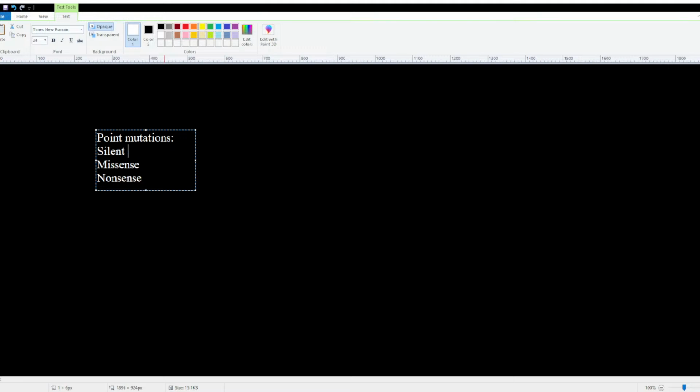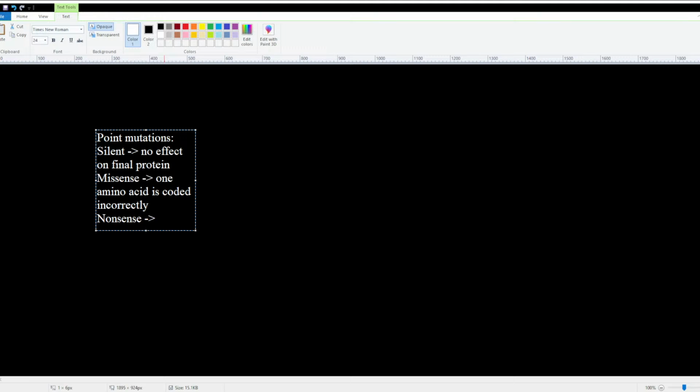Now what these do: silent, no effect on the final protein. That means it'll code for the same amino acid, kind of like how we went over way earlier. Missense means that one amino acid is coded incorrectly. So if we have AUG, and we accidentally change a U to a G, so AGG, then that one amino acid is changed, so that would be a missense mutation.